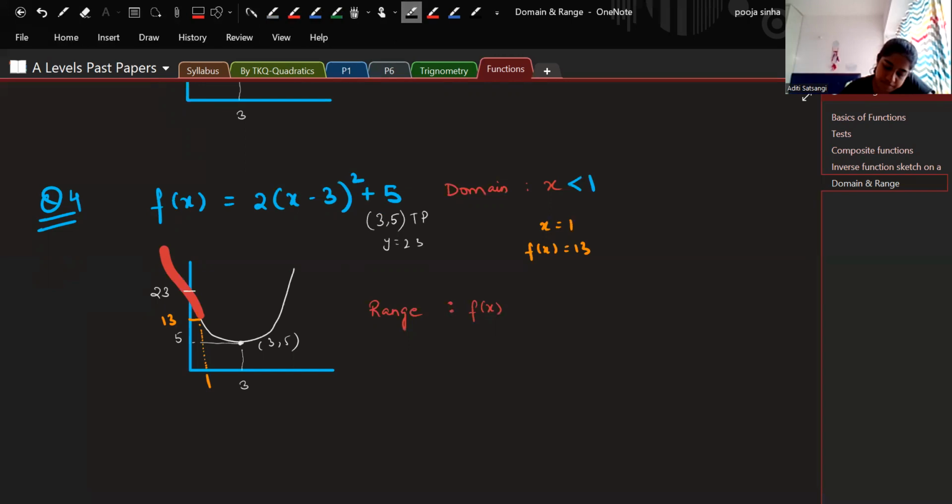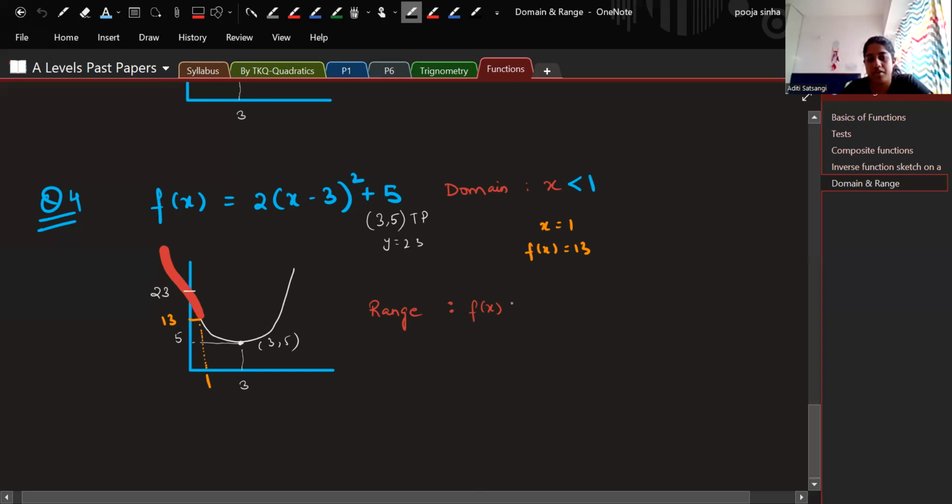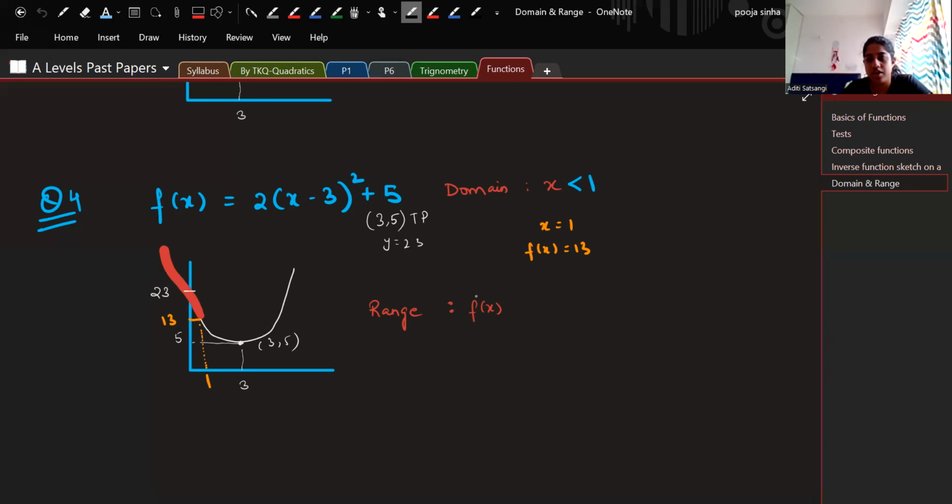So from this question onwards, our range is going to change. Can you tell me what is the range now? So fx will be less than 13, I guess? या आप सोच रहे हो fx और आंसर कर रहे हो x लेस है वो? नहीं.